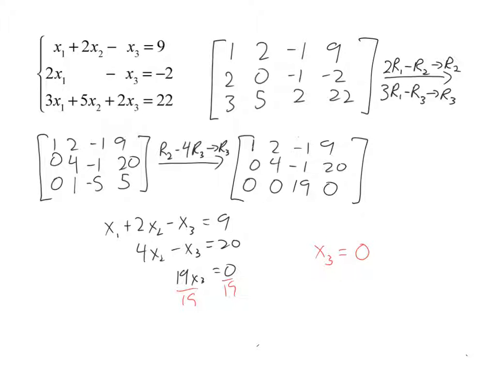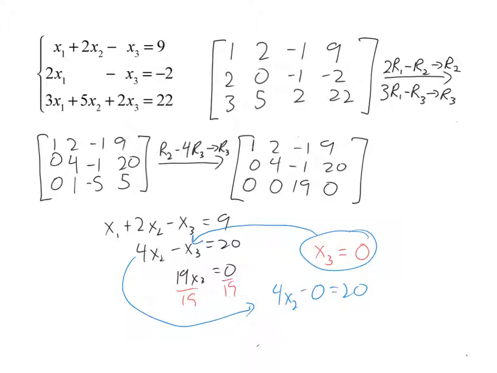And then I can plug this 0 back into here, which then gives me 4x2, not x squared, 4x2 minus 0 equals 20. So 4x2 equals 20. Divide by 4, you get x2 equals 5.